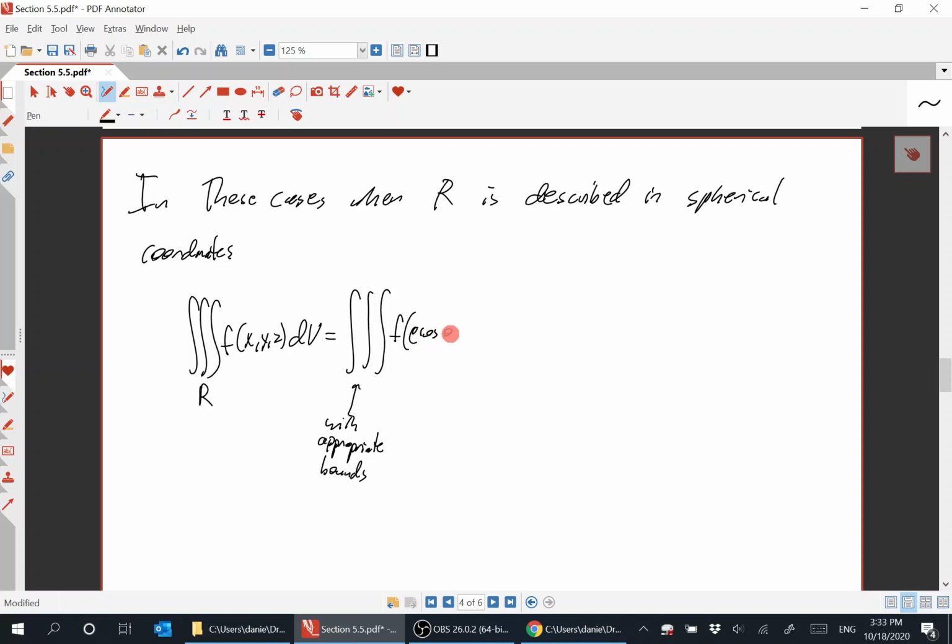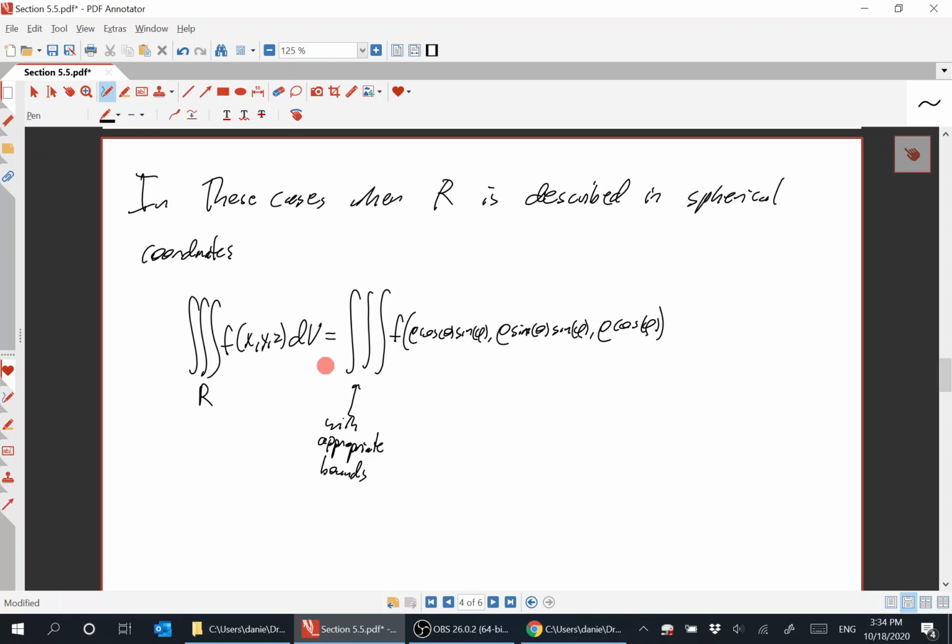Rho cosine theta sine phi. Y is rho sine theta sine phi. And z is rho cosine phi.